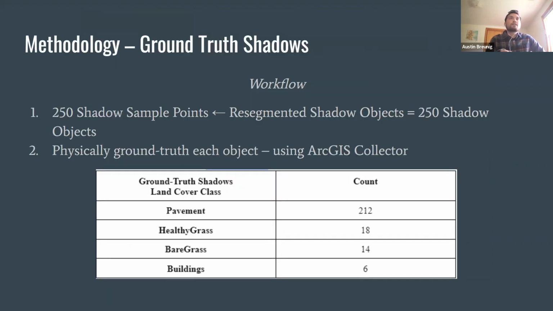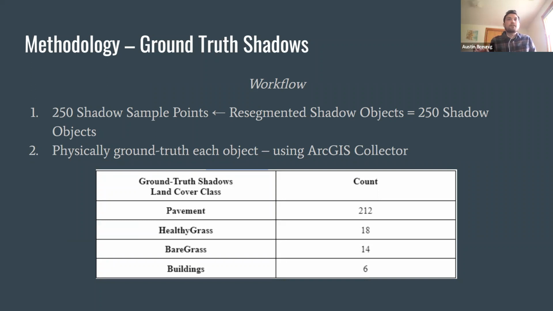Okay, so now the next process is to ground truth those shadows. I took the 250 shadow sample points from the initial classification and did a spatial join with the resegmented shadow objects, so I have 250 shadow objects. Then I went out using ArcGIS Collector to physically ground truth each of those objects. Here's the land cover breakdown.